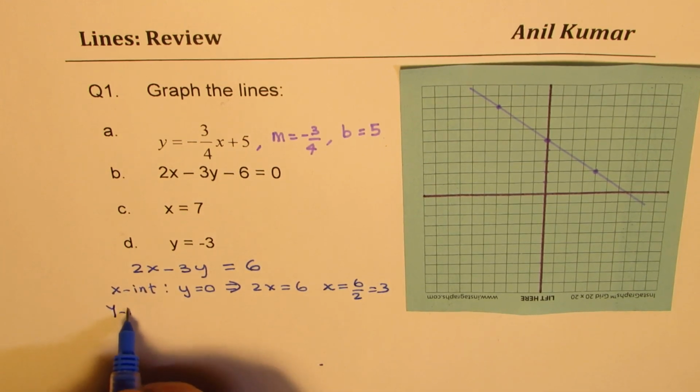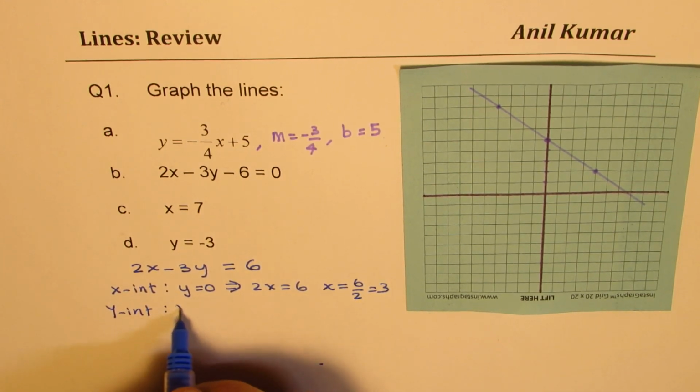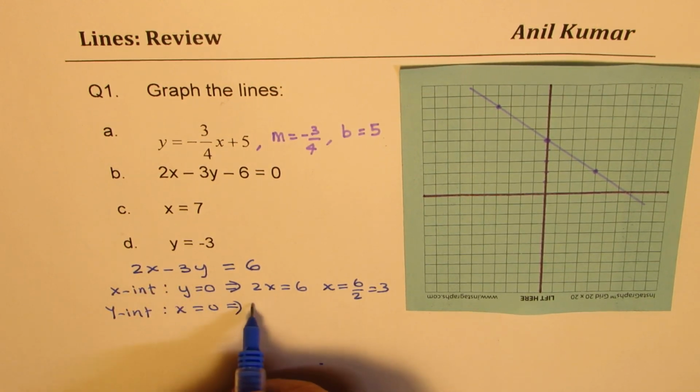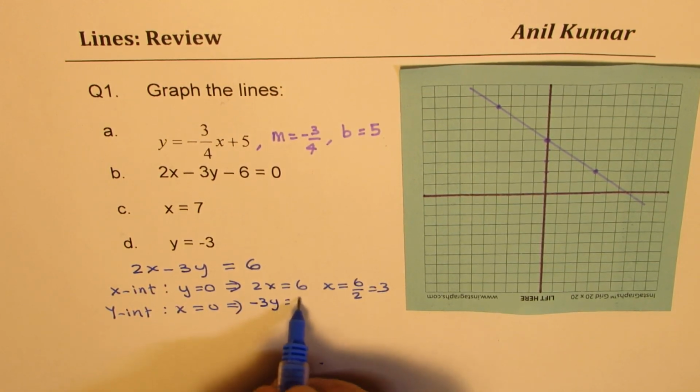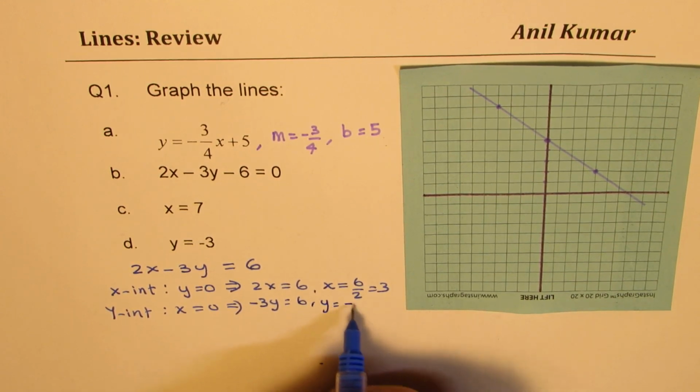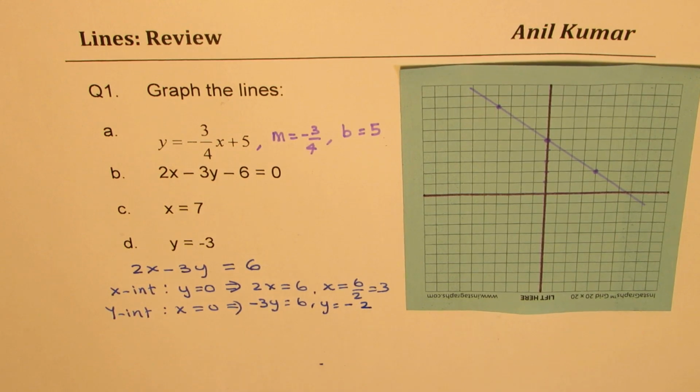How will you do y-intercept? For y-intercept, substitute x equals to 0. When I write 0 here, I get minus 3y equals to 6, or what we get here is y equals to minus 2. So for the second line, we have x and y intercepts.